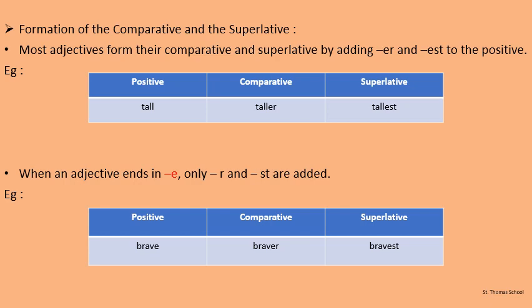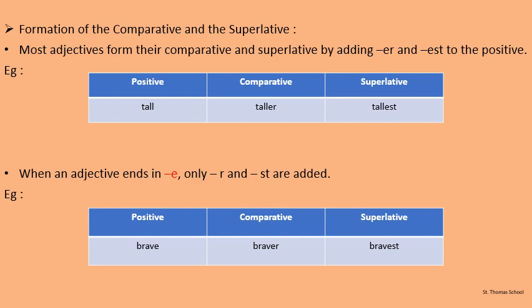Here the example given is tall. The positive form of the word is tall, and to change this word into the comparative we add er to it, so it becomes taller. And when we change this word into the superlative, we add est to it and it becomes tallest.